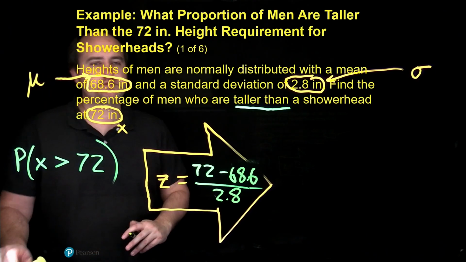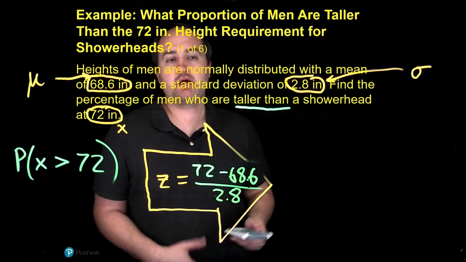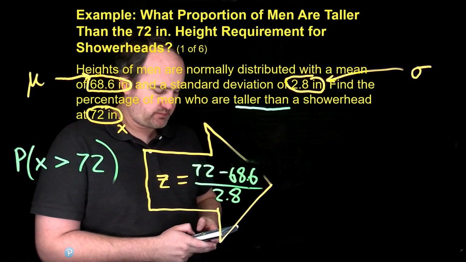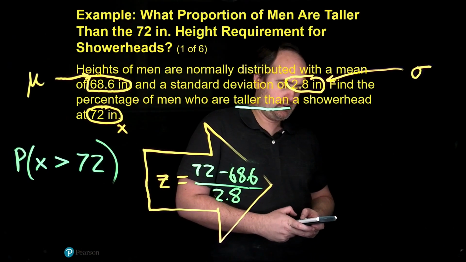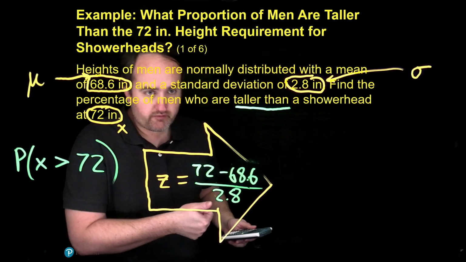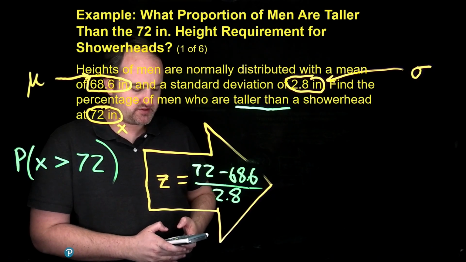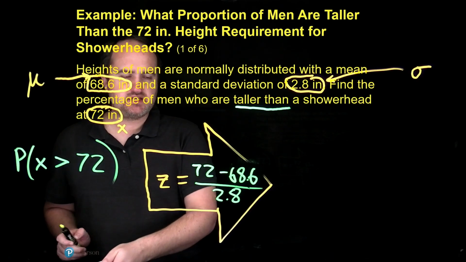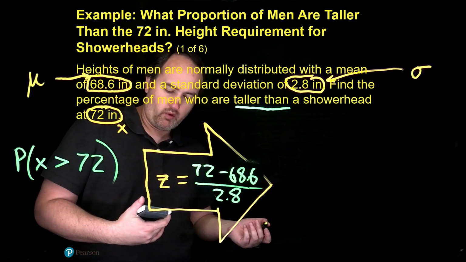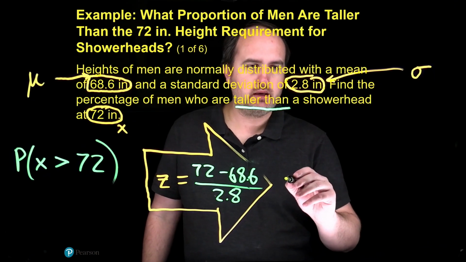That's just all the numbers plugged into the z-score formula. And then on our calculator, we can go ahead and do 72 minus 68.6, and that gives us 3.4. Then 3.4 divided by 2.8 will give us our z-score. I got a z-score of z equals 1.21, and we want to round to 2 decimal places.